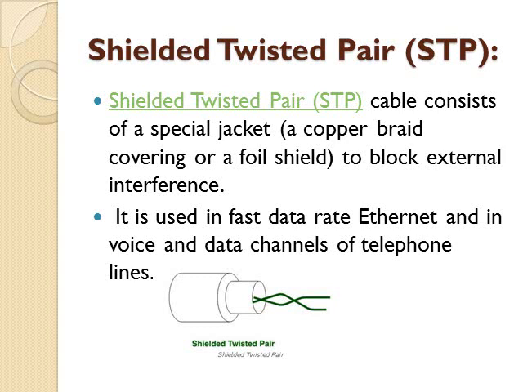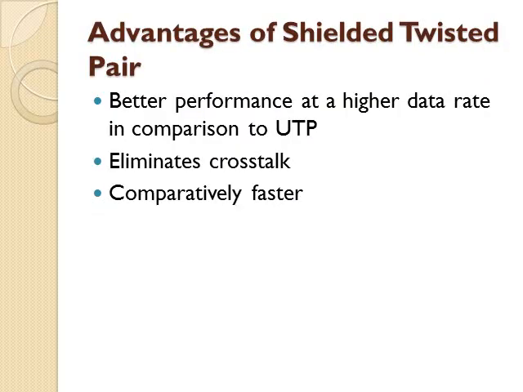Shielded twisted pair cable consists of a special jacket. This jacket is made up of copper braid covering or foil shield to block external interference. It is used in fast data rate Ethernet and in voice and data channels of telephone lines. Advantages of shielded twisted pair cables: it has better performance at higher data rate in comparison to unshielded twisted pair.